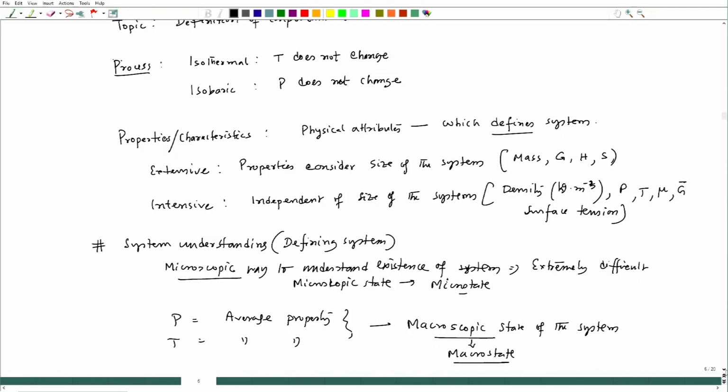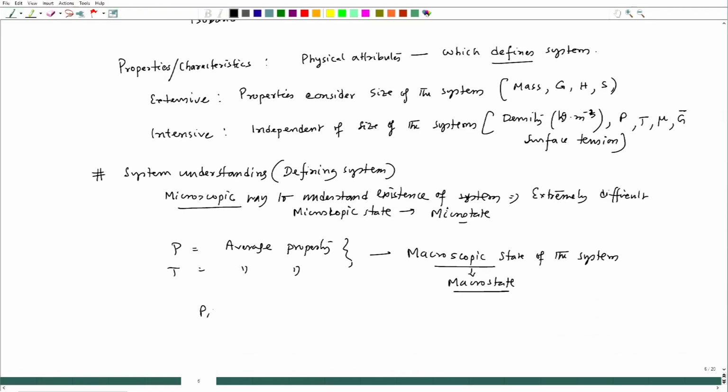So, for a single component system, pressure, volume and temperature let me understand its macrostate existence.